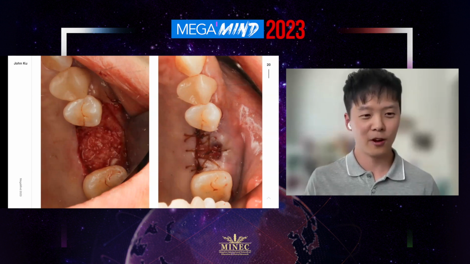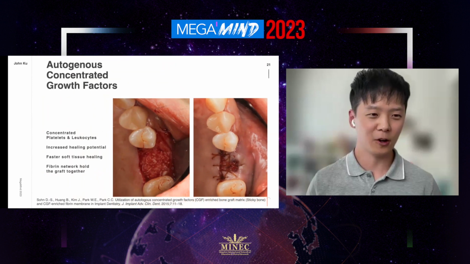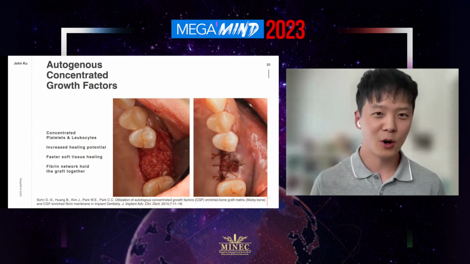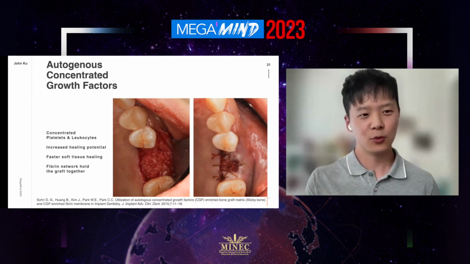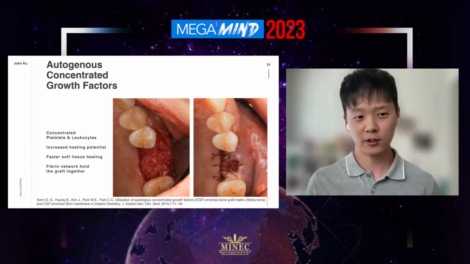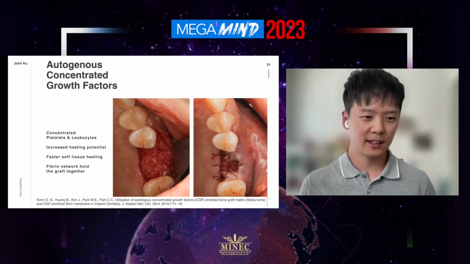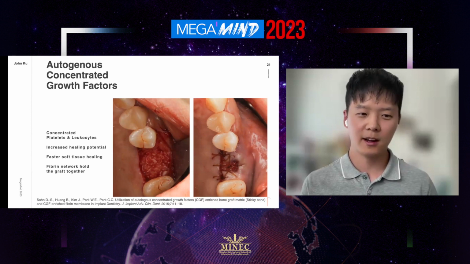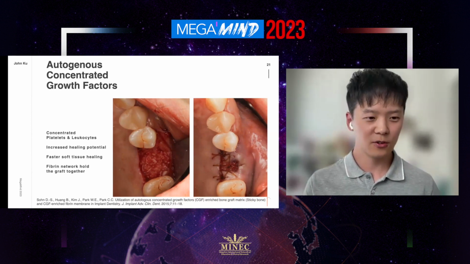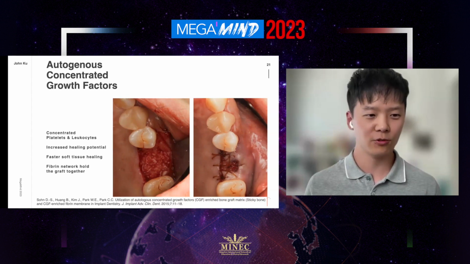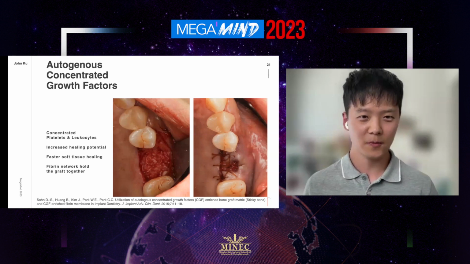Now, I've been talking about PRF the whole time, so let's go into that for a brief second here. Sticky bone is graft material infused with autogenous concentrated growth factors. The growth factors come from the platelets and leukocytes that are embedded into the mix, which increases the healing potential and is also known to have faster soft tissue healing as well.